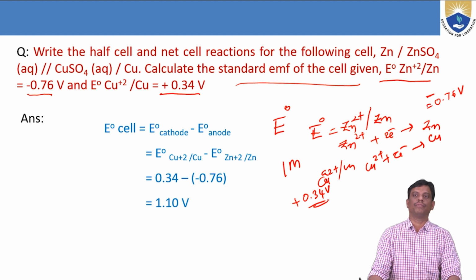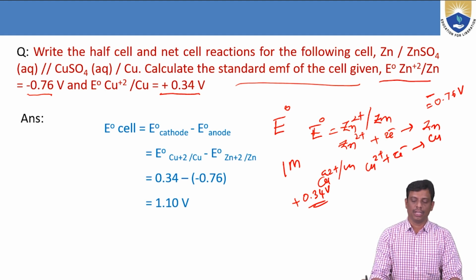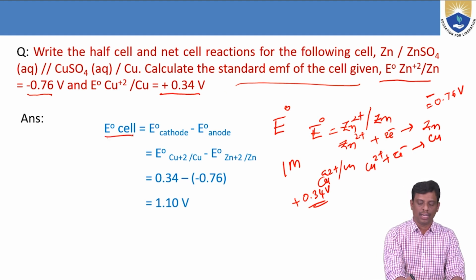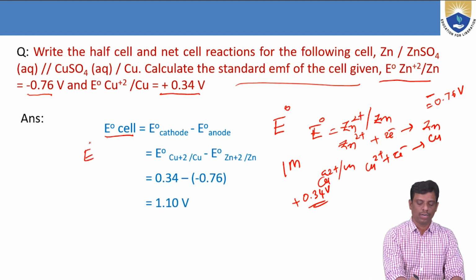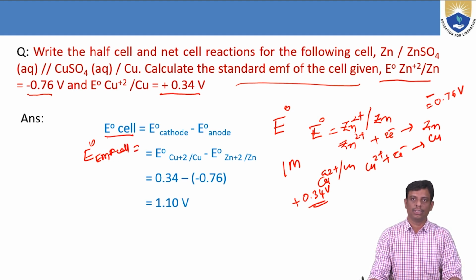Now, what is the EMF of this cell? They are asking to calculate the standard EMF of the cell. The E naught EMF of the cell equals E naught cathode minus E naught anode.